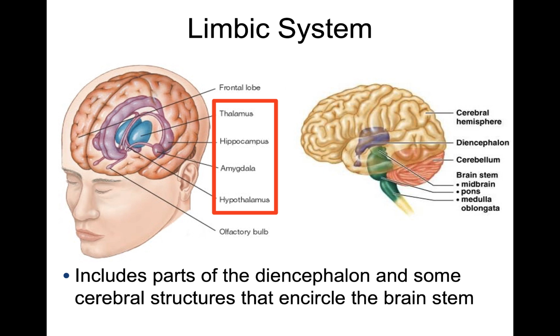This area is still kind of new. They're still doing a lot of research, and depending on who you ask, there can be different interpretations. It includes parts of the diencephalon and some cerebral structures that encircle the brainstem, and that's the brainstem there. So we have the thalamus, hippocampus, amygdala, and hypothalamus.